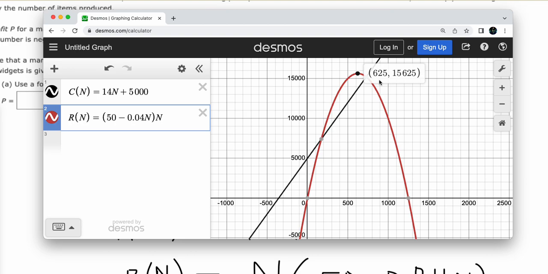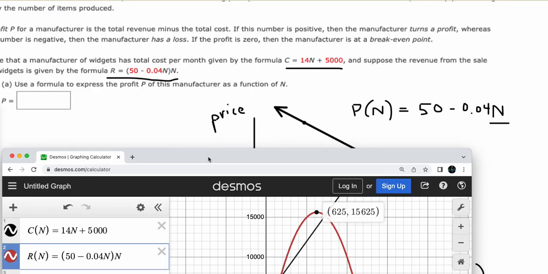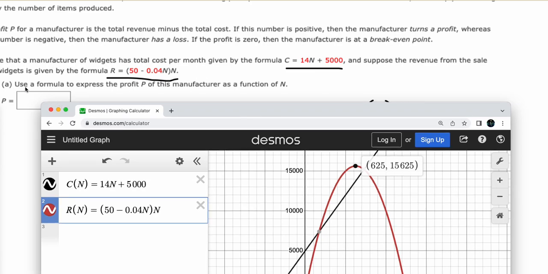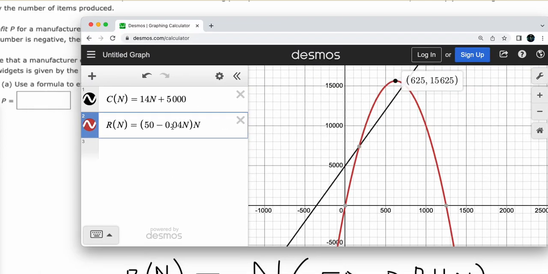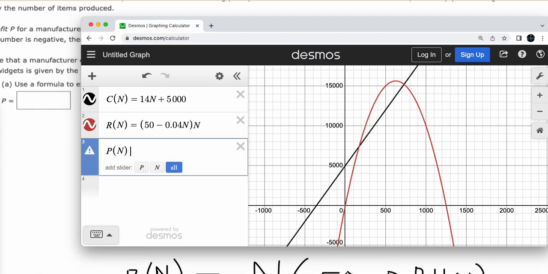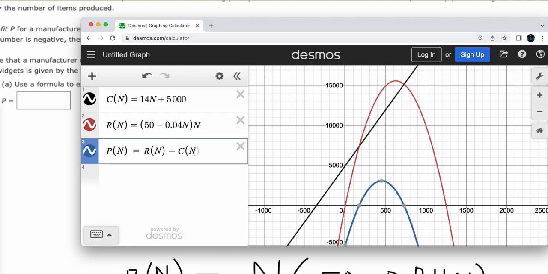However, that's not the most interesting question of all to the business. What the business really wants to know is how do they maximize their profit? They want to create a profit function. And that's what this question A says: use a formula to find their profit function. So P of n will always equal revenue minus costs.